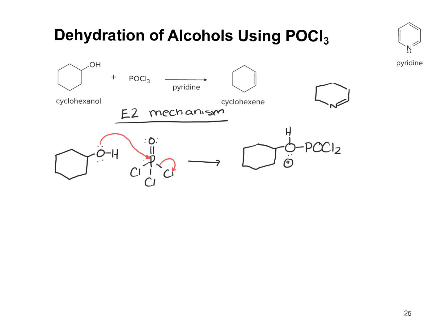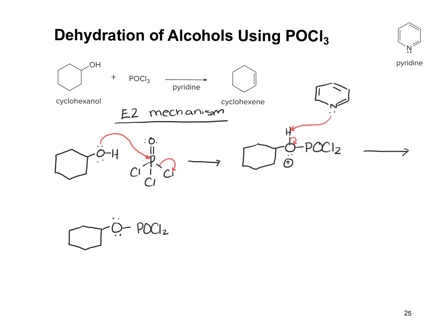Pyridine is an amine base, and so what that amine base will do is it will come and steal that proton, and then those electrons will go onto the oxygen. And so what happens then is we end up with this molecule.